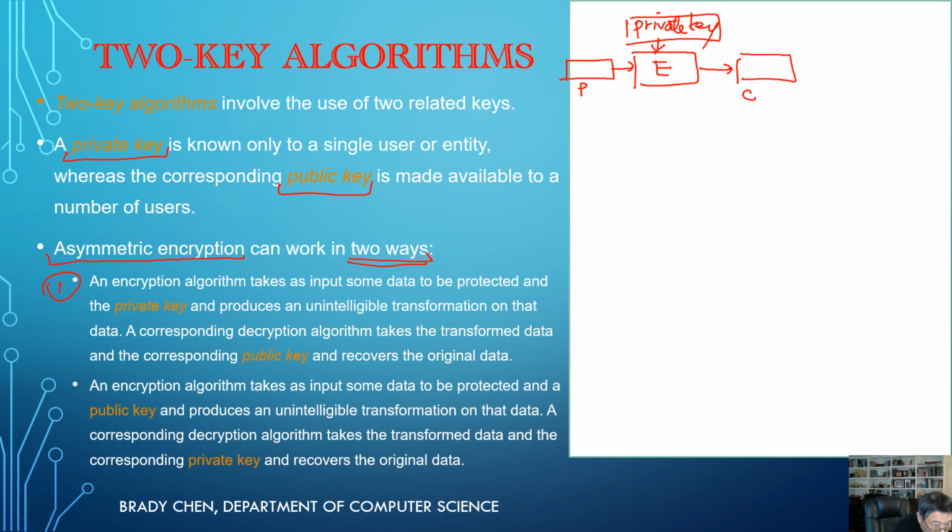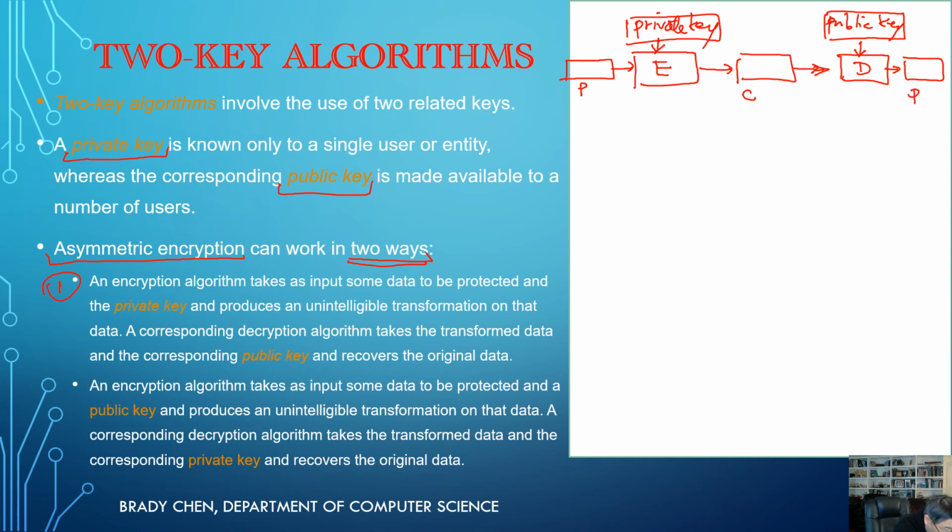Then on the receiving side, the decryption algorithm is going to take the ciphertext and the public key to restore the original plain text.